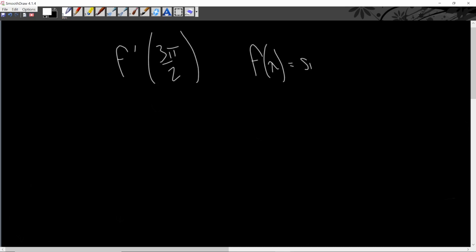And just to finish off everything, I found a really fun problem. You have to find f prime of 3 pi over 2, where f of x is equal to sine x plus 1, to the power of x.